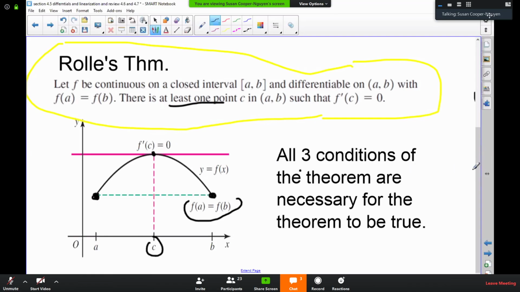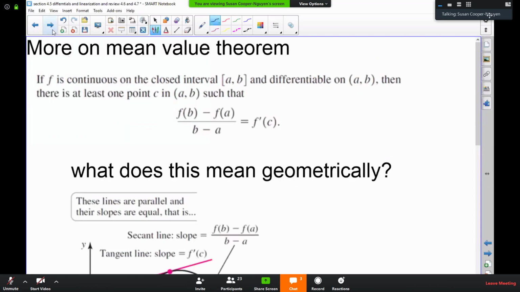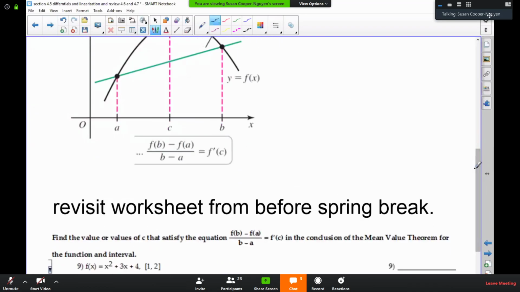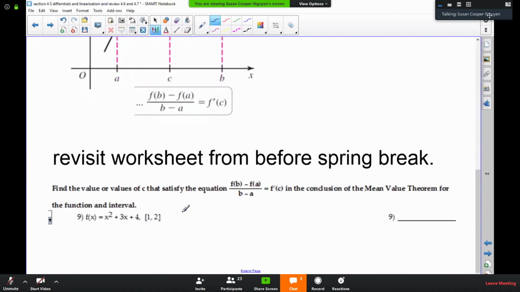So I was surprised you all seem to have survived that one on the worksheet with the sub. I think I snipped it in. Let's see. Yeah, actually snipped it in. I'm going to fast forward here. It says revisit the worksheet from before spring break. Find the values of C that satisfy this condition in the mean value theorem.